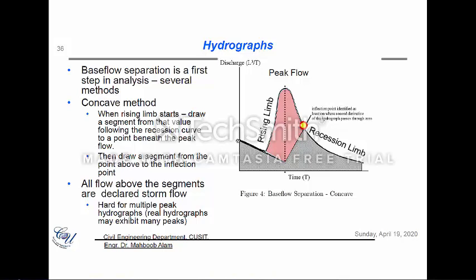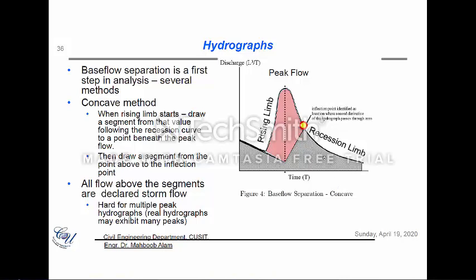For example, let's say this is our rising limb, there are initial losses, the water is coming here, then there is an increase, so we go in the same direction straight to the point directly below the peak flow, and then we join this point to the inflection point. This is another method for dividing the base flow from the direct runoff.